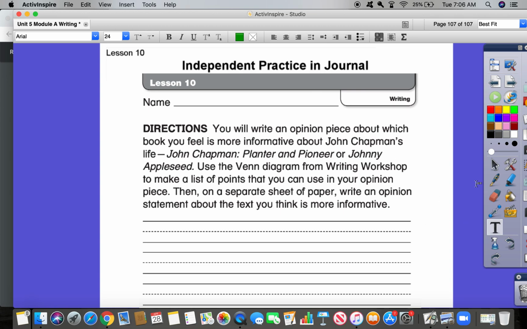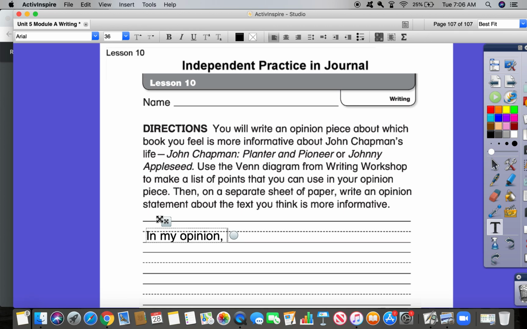So I will give you a sentence starter to help you if you choose to use this one. Again, the sentence starters are just there as a guide. You don't have to start your writing how I am. Okay, but if you need help getting started, I would say, in my opinion, okay, and then you would give the name of the book that you think gives more information.